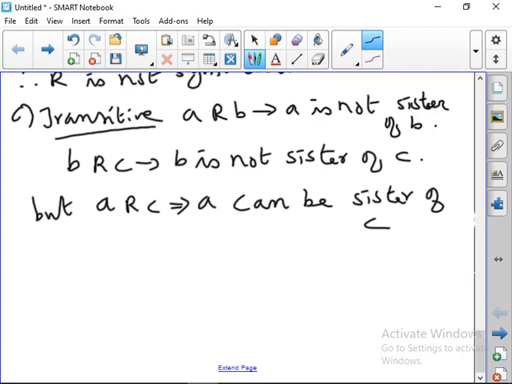Why? Here also take it the same way. Because the set is all family members. So take A as brother, B as sister, C as mother. Then A is not a sister of B, correct. B is not a sister of mother.